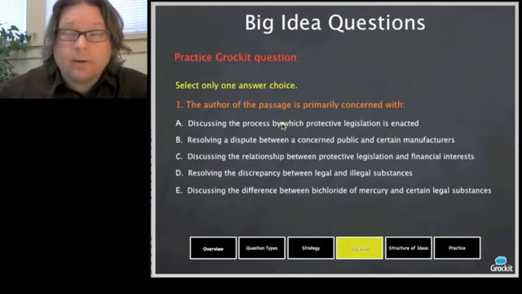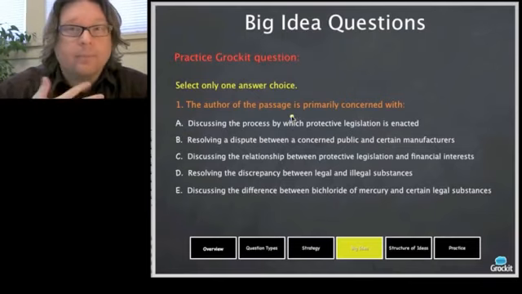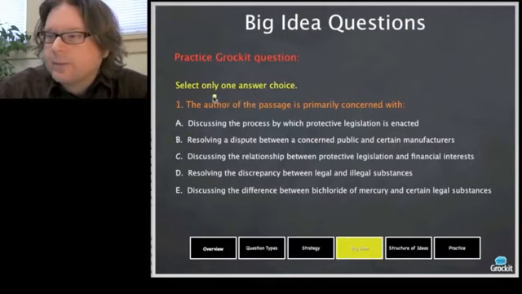Bichloride of mercury was a specific example that didn't affect a lot of people and killed them instantly, so it was very easy for the government to say, hey, no more of this. Whereas something like opium, the government might have more trouble. That seemed to be the point. So, primary purpose, something like that.